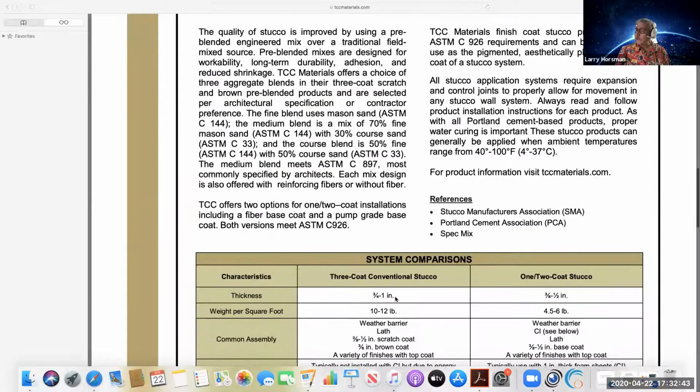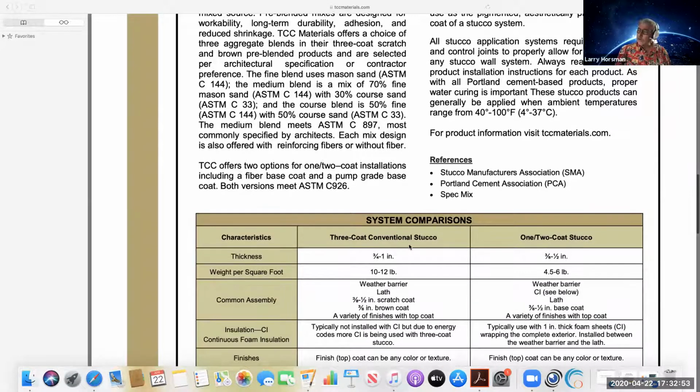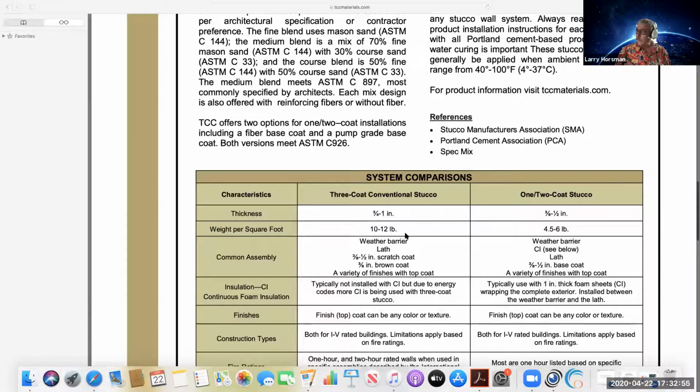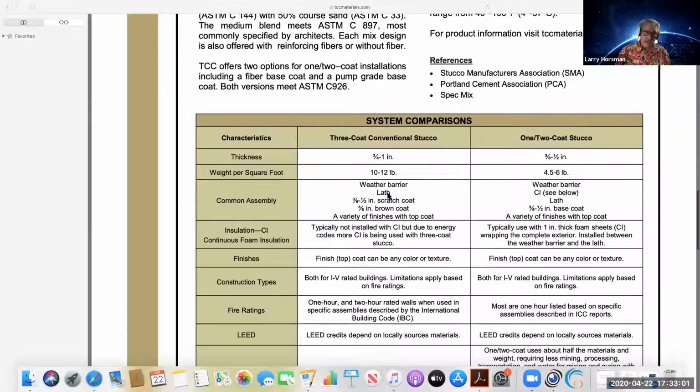So 3-coat is the conventional way of doing it. They have some 1-coat and 2-coat systems out there. Normal weight is around 10 pounds a square foot. We've got a weather barrier. We've got the lath. If you hear them talking about chicken wire, it's a hexagonal lath that has a minimum weight.